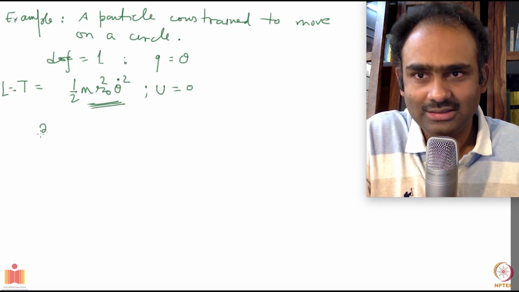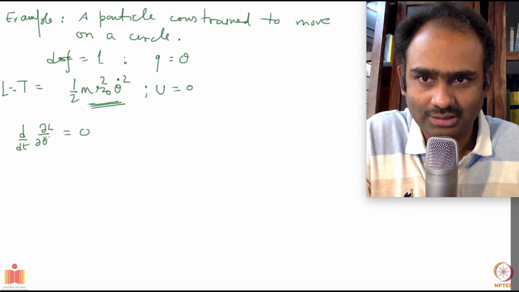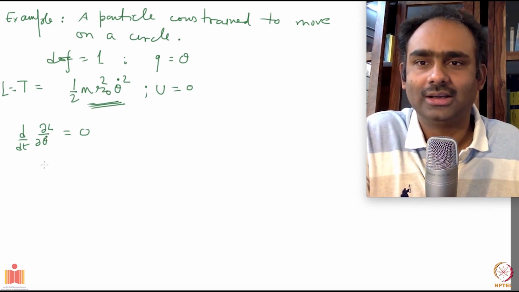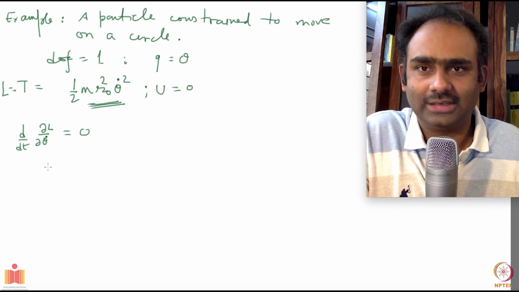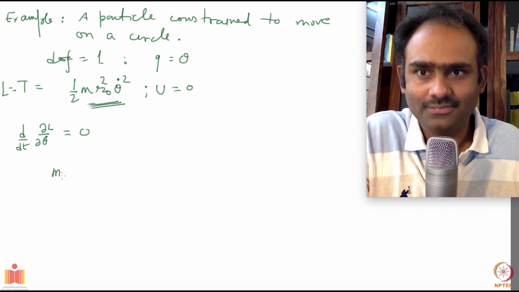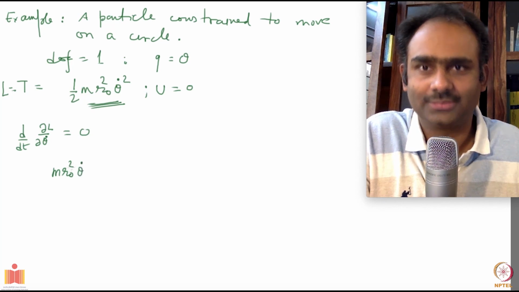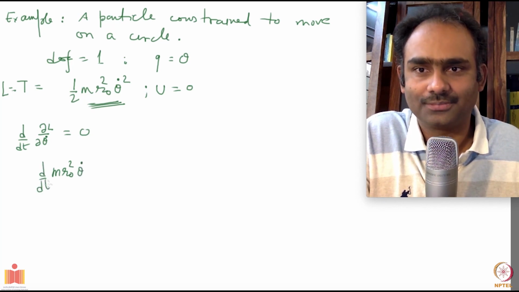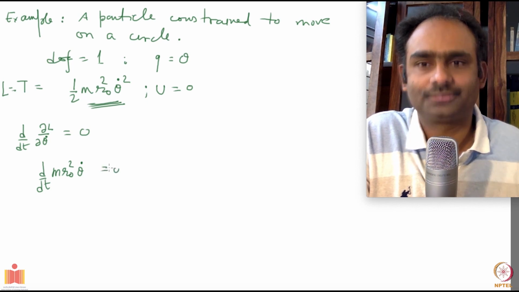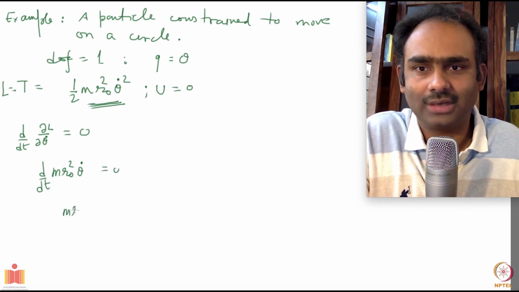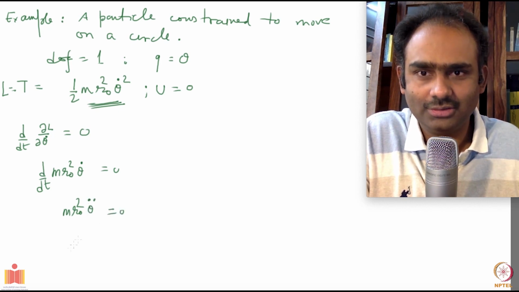Del L over del theta dot is m r naught square theta dot, and d over dt of that implies m r naught square theta double dot is 0, or theta double dot is 0.